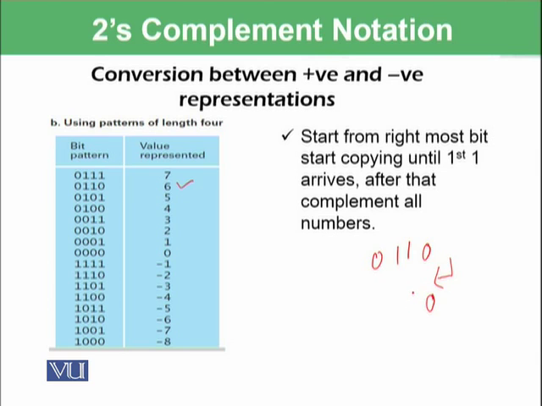The first 1 is reached, and that is written, and after this first 1 all of the bits are changed: 1 is changed to 0 and 0 is changed to 1. So this becomes 1010. You can see -6 is represented with 1010. Similarly, you can go from negative to positive as well.